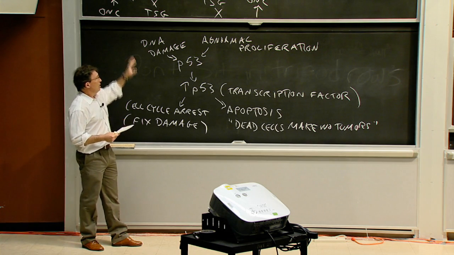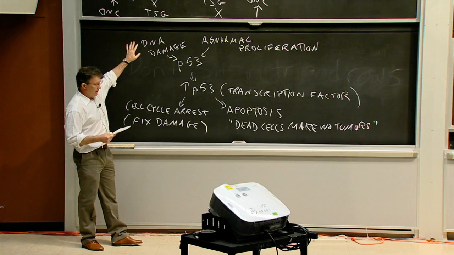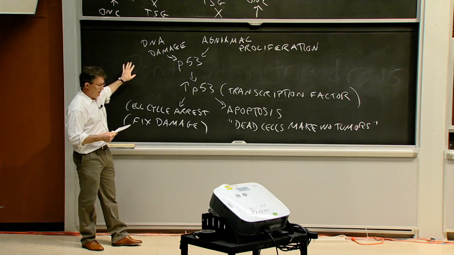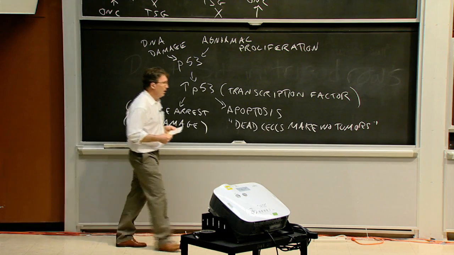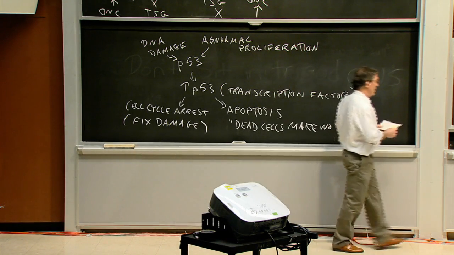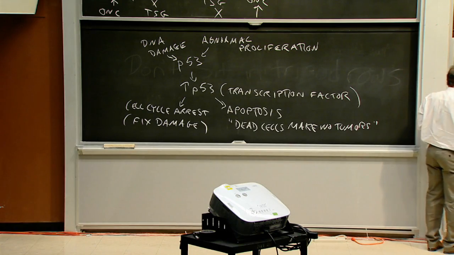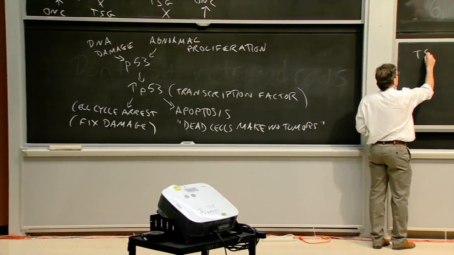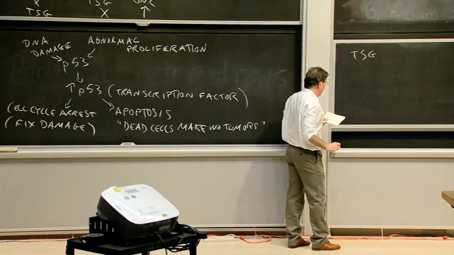Okay, so I've introduced you to a couple of different oncogenes, a couple of different tumor suppressor genes. I want to focus a little bit more on the tumor suppressor genes in one respect. We touched on this last time, but very briefly.